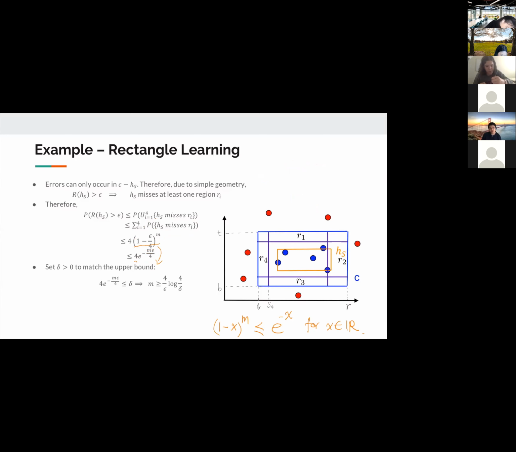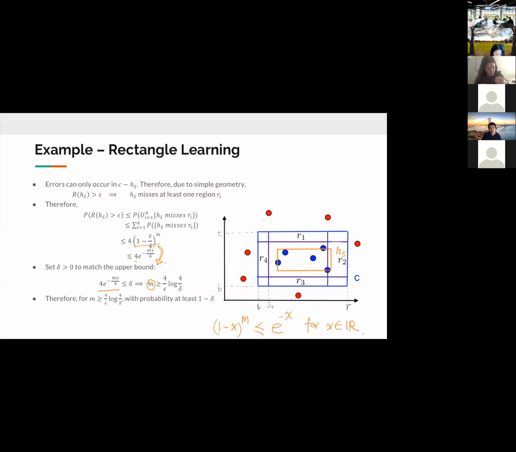Due to this inequality, you will get this. Okay, so now you set the upper bound to match delta. So essentially you set this 4 times e to the power minus m epsilon over 4 to be smaller than or equal to delta. You will get this m. This m is going to be greater than or equal to 4 over epsilon times logarithm of 4 over delta.